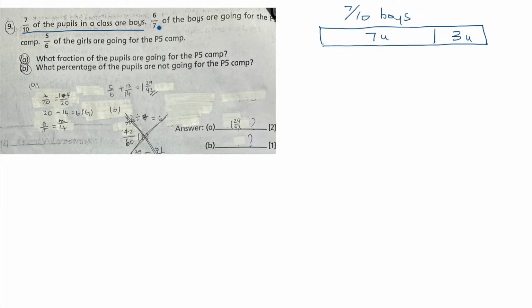So it says 6/7 of the boys, use a highlighter, of the boys are going for P5 camp. So this whole thing is boys, right? But not every one of them is going for the P5 camp. So it's only 6/7.